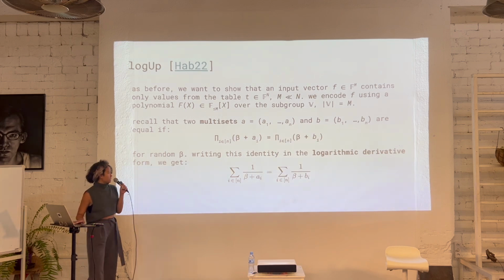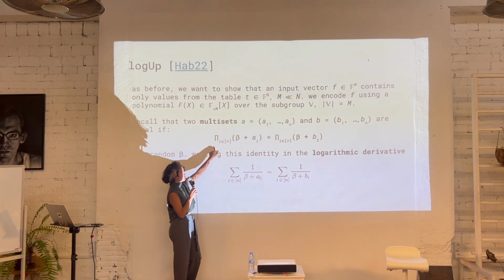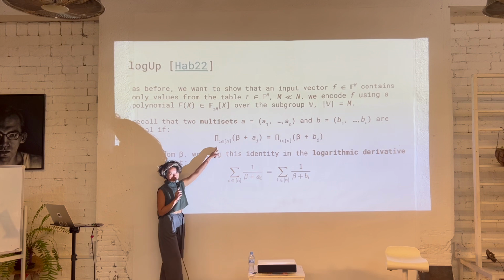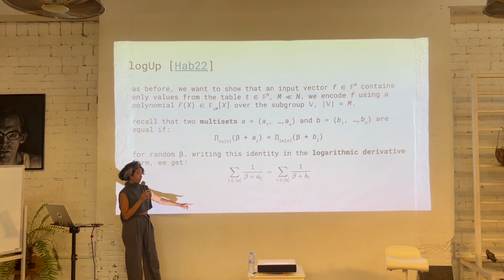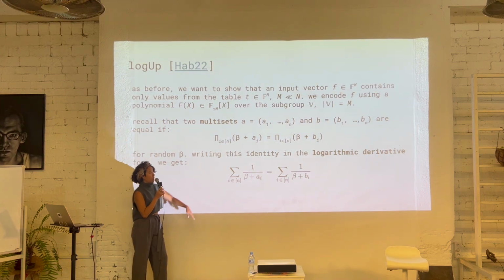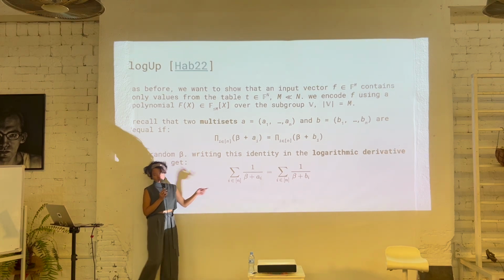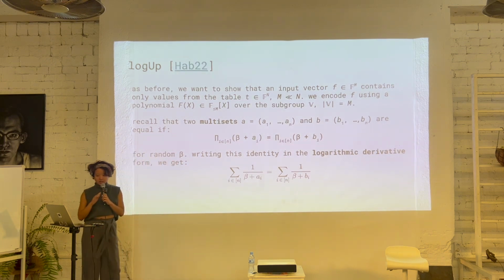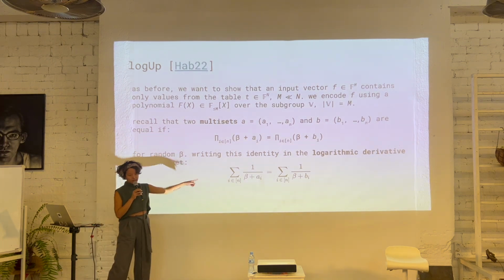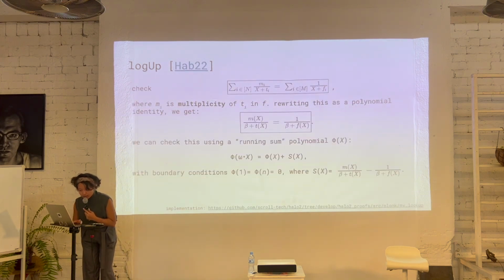It expresses the polynomial identity that we saw just now, the multi-set equality polynomial identity, in a logarithmic derivative form. You can notice that instead of computing a product, now we're computing sums of fractions. And this is nice because we can check this identity using what's called a sum check protocol.